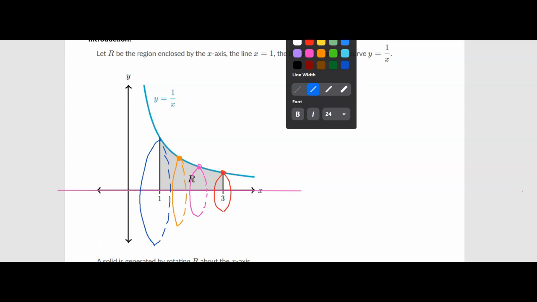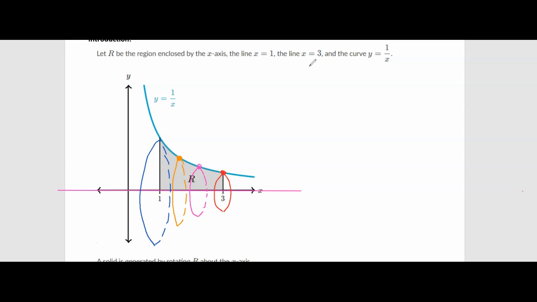And I just kind of skipped ahead here, but essentially we're going to have a bunch of these little discs. Right? And together, those are going to form this little tube-shaped figure that sort of trails off there at the top. So this would be our three-dimensional solid made up of these little discs.